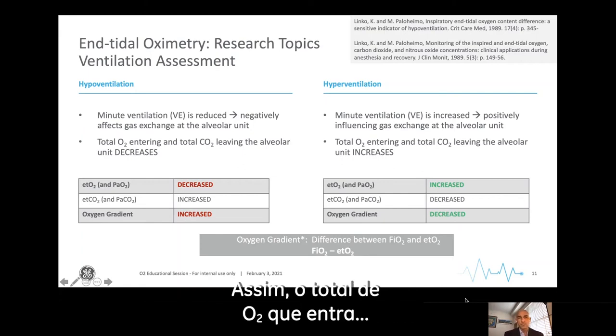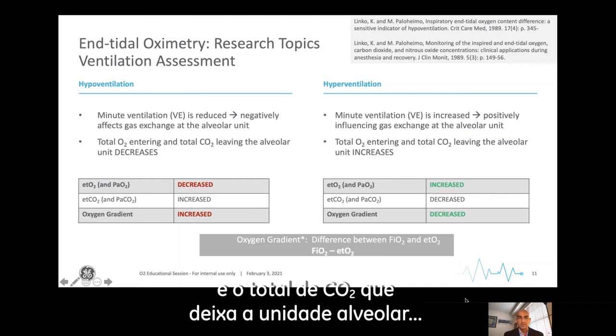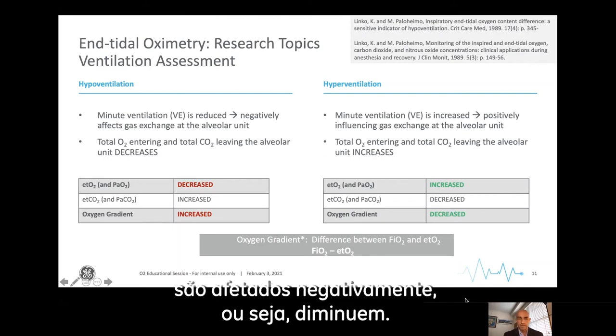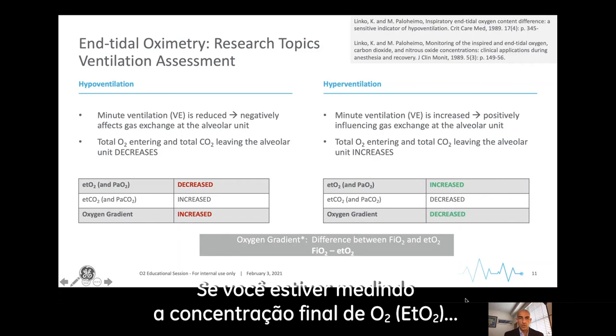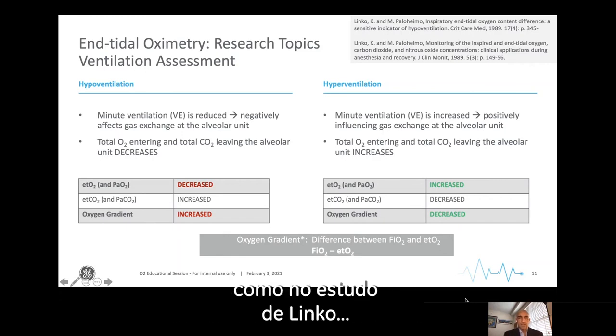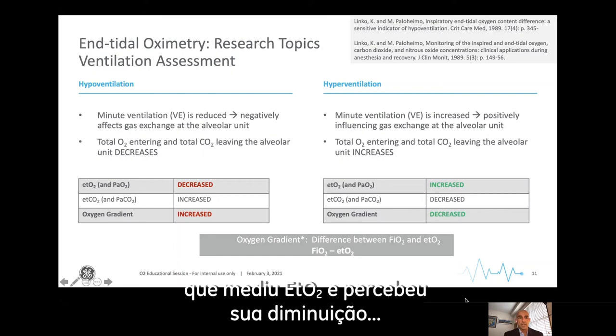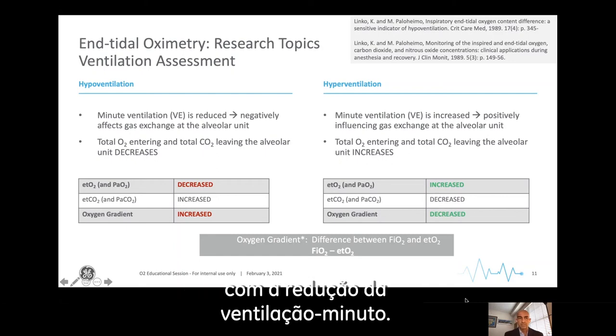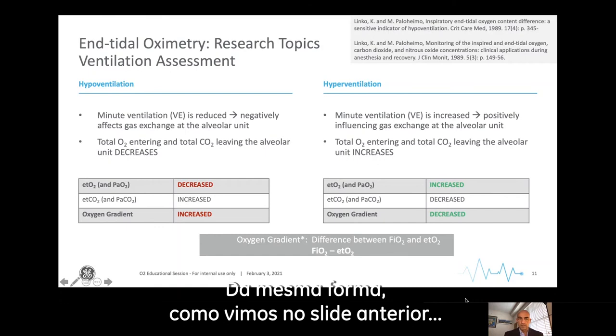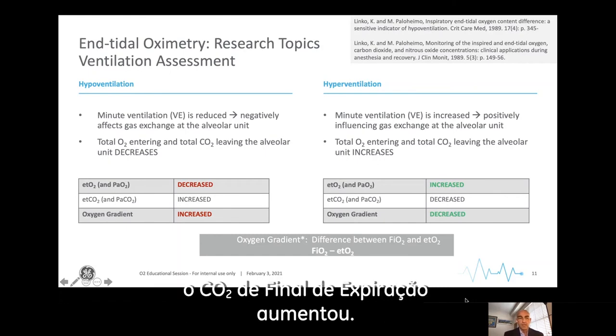So therefore, the total oxygen that enters and the total CO2 that leaves the alveolar unit are negatively affected, or they're decreased. What will occur if you are measuring end tidal oxygen, and that's what the Linko study did, they measured end tidal oxygen and noticed that it decreased as minute ventilation was reduced. Similarly, as we talked on a previous slide, the end tidal CO2 increased.